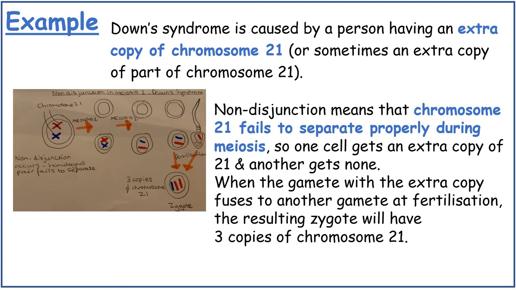Non-disjunction means that chromosome 21 fails to separate properly during meiosis. So one cell ends up getting an extra copy of 21 and another gets none. When the gamete with the extra copy fuses with another gamete after fertilisation, the resulting zygote will have 3 copies of chromosome 21.